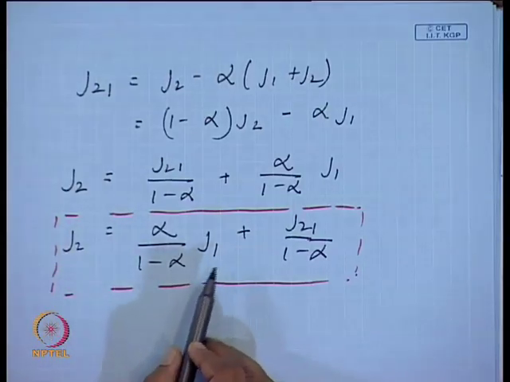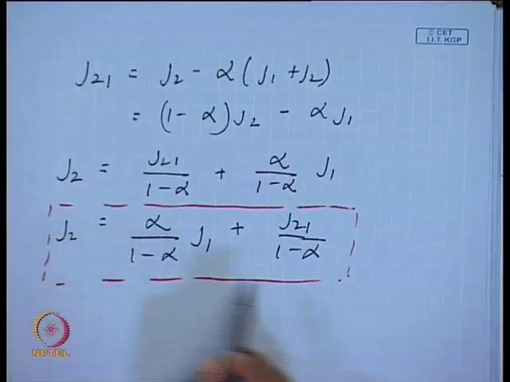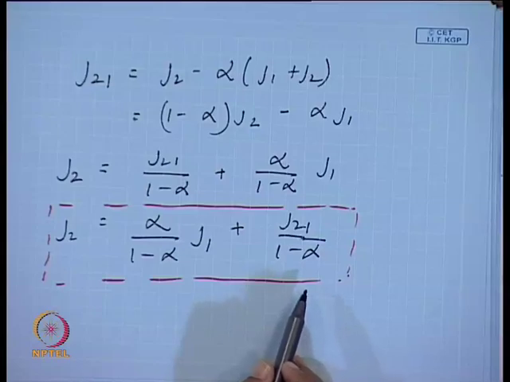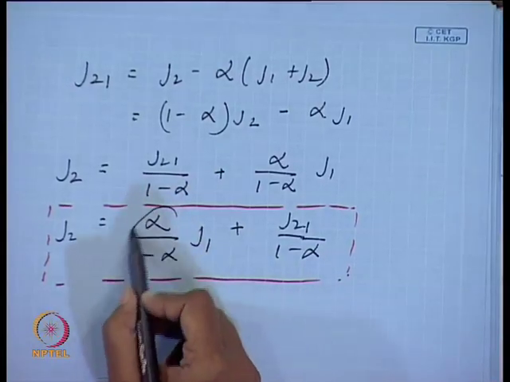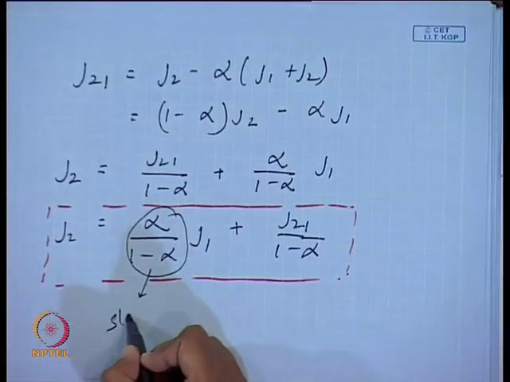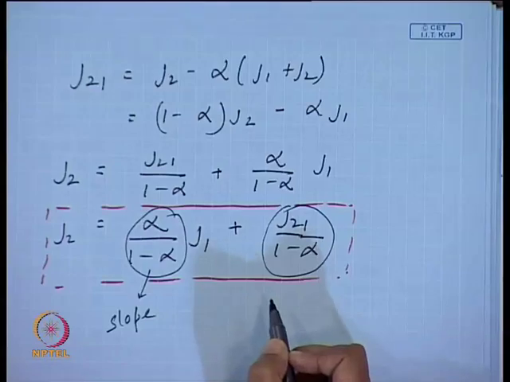Okay. Now, observe that for constant alpha, what sort of a curve do you expect between J2 and J1? It will be a straight line with the slope of alpha by 1 minus alpha, okay, and the intercept is going to be this.